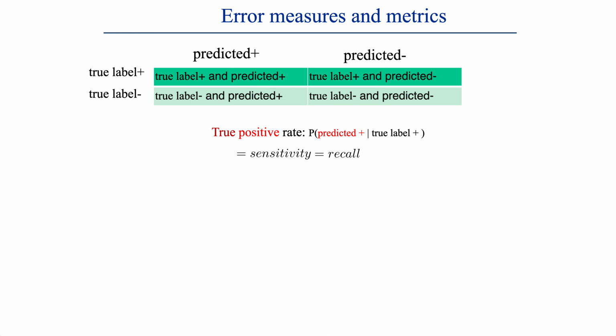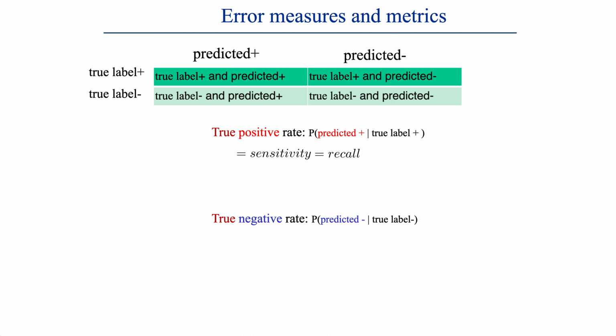Now, the reason it has two names is because different factions of engineering reinvented the wheel and used different terminology. I'm sorry for that. But true positive rate, sensitivity, and recall, they are all exactly the same thing. And unfortunately, you will see different people use different words for this same thing.